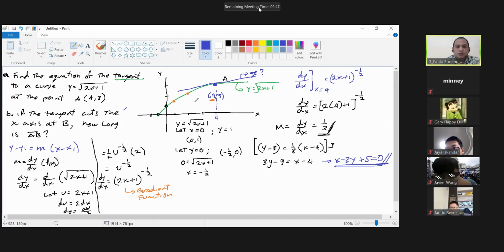And the last one, letter B. If the tangent is extended, it will meet the x-axis at a certain point over here, and that is point B. What will that point be? How will you solve that?